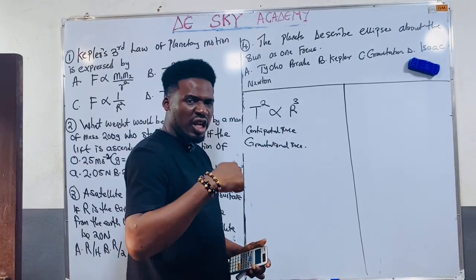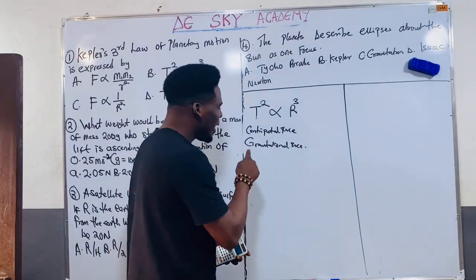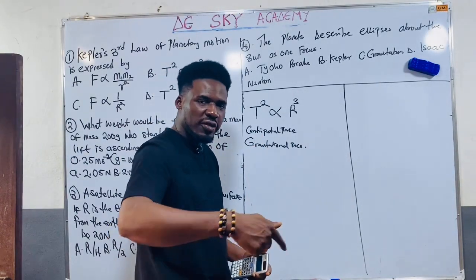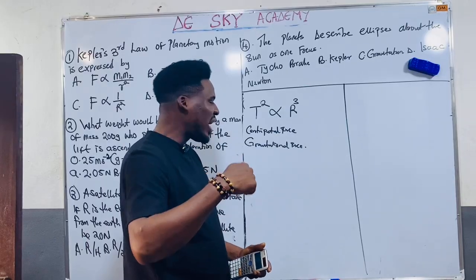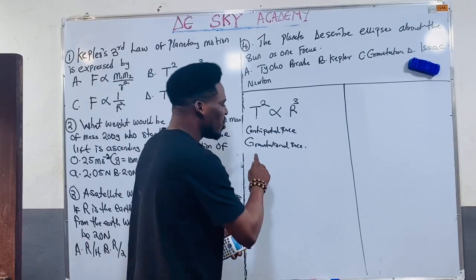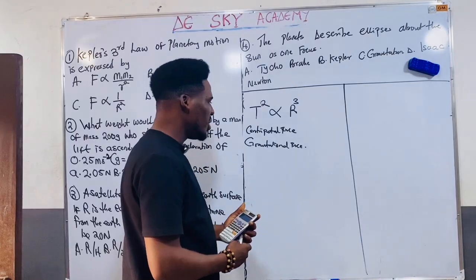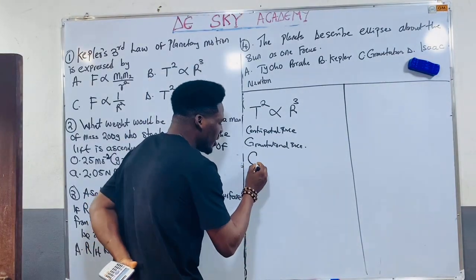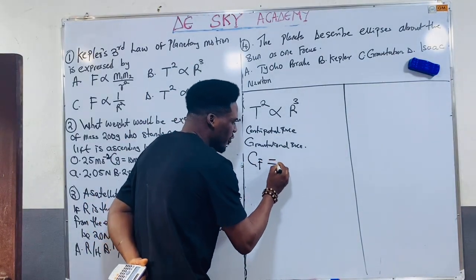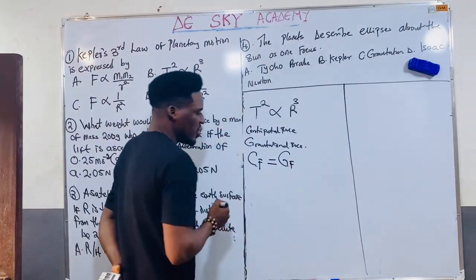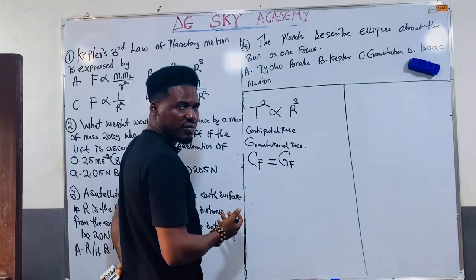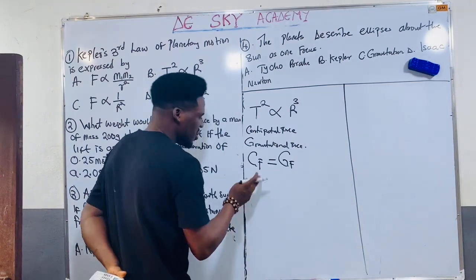So according to Kepler, this centripetal force, which is the force that is holding the planet in the circular path, is provided by a force called gravitational force. That means centripetal force is provided by a force called what? Gravitational force.